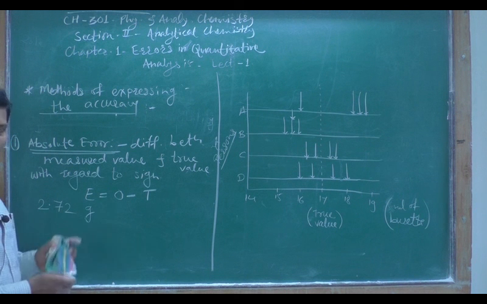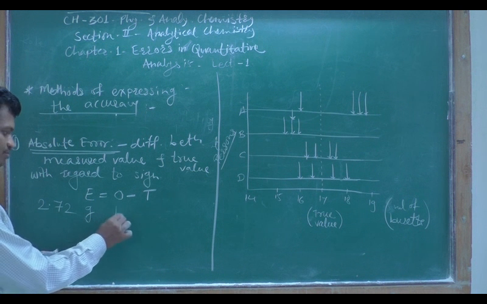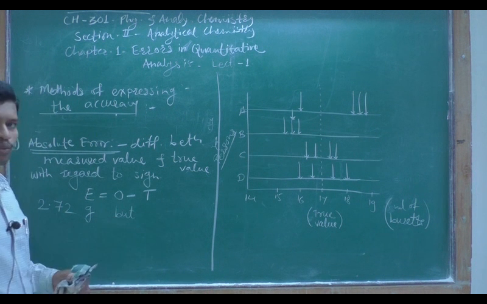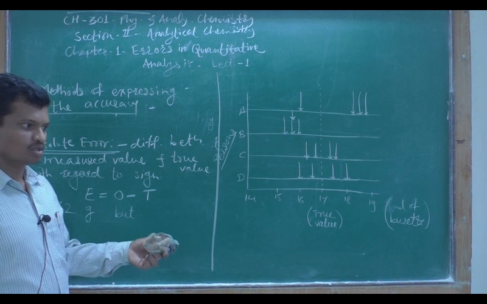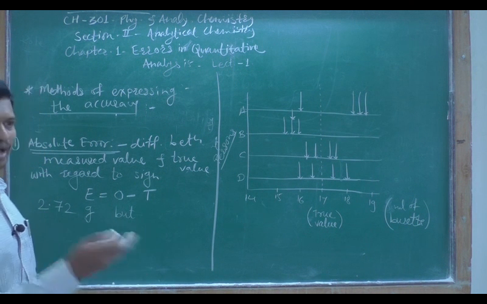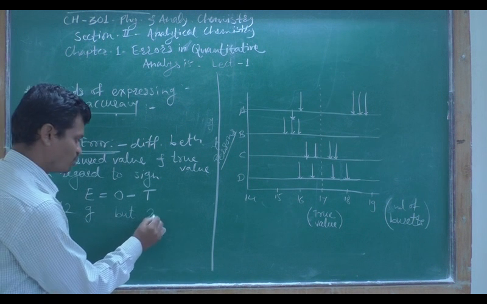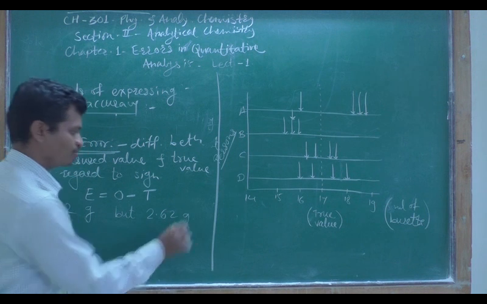This is our sample and this is the correct figure, 2.72 gram. But we are going to weigh this sample, and on our balance that sample weighs roughly 2.62 gram.